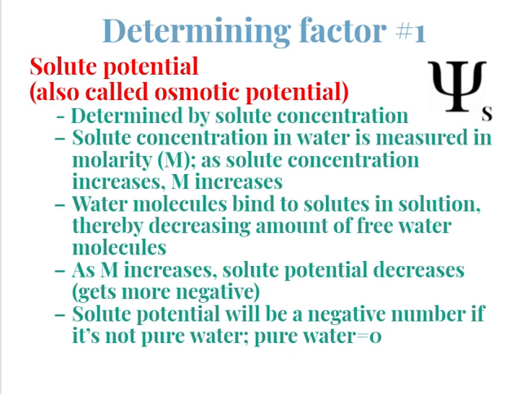You might remember this from chemistry with molarity. So the higher the molarity, the less free water there is to do work. As you get a higher molarity, your solute potential is going to decrease. It's going to get more negative because there's less free water available to do work, and our highest is 0. So it's always going to be a negative number unless it's pure water, and then it'll be 0.